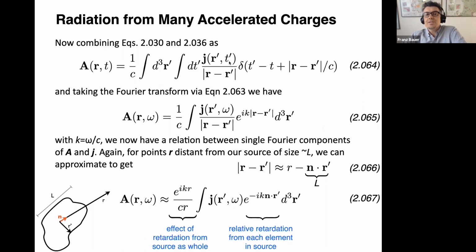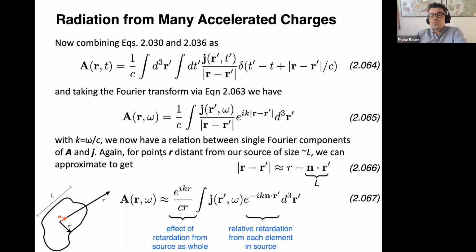So now instead of this time variance of the charge density, or sorry, the charge potential, we have a charge potential which is varying as a function of frequency. And this gives us our current potential. And we can make note of the fact here that this K here is simply the frequency divided by C. Okay, so we have now a relation between the Fourier components of these two potentials.